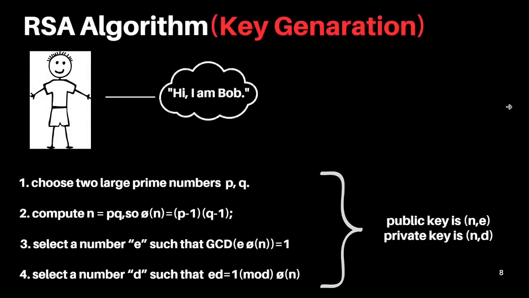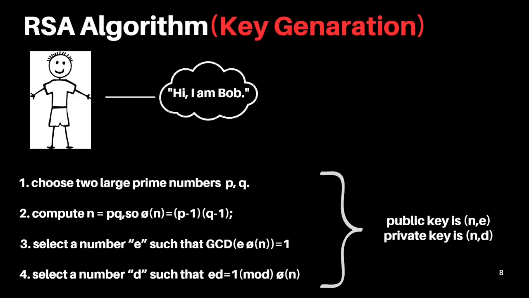Now let's look into the main part of the video, which is the RSA algorithm. As I already mentioned, the RSA algorithm comes under public key cryptography. In public key cryptography, we use two keys, one for encryption and one for decryption. In this RSA algorithm, we go through two phases.